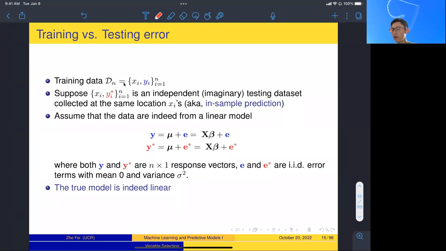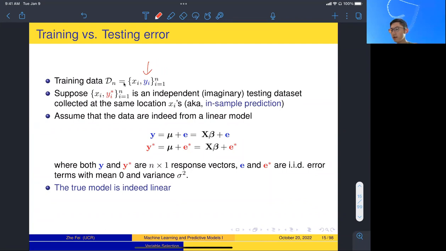But to formally define the difference, here you see in blue is our training sample, the outcome yi in the training sample, meaning they are observed in our data.